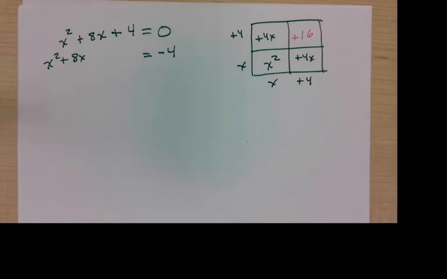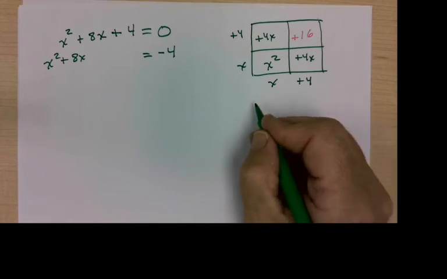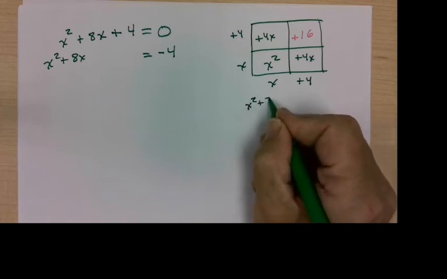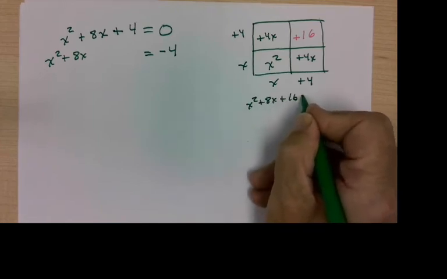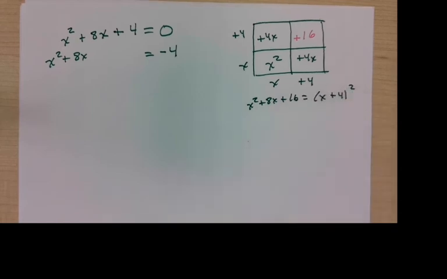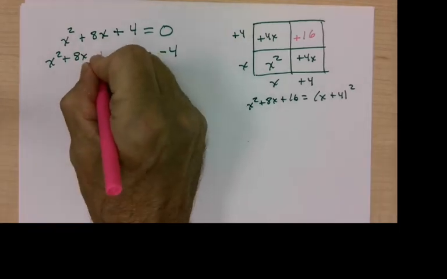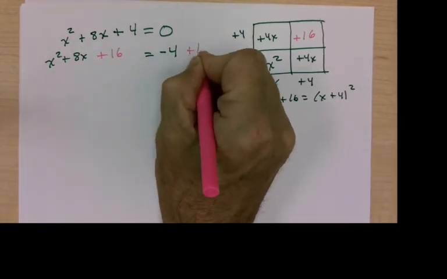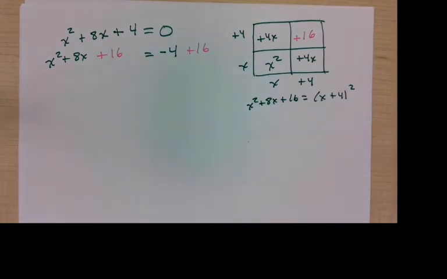So then we have x squared plus 8x plus 16 equals x plus 4 times x plus 4, or x plus 4 squared. So adding 16 to both sides, that's what completes the square. Add 16 here, add 16 here.